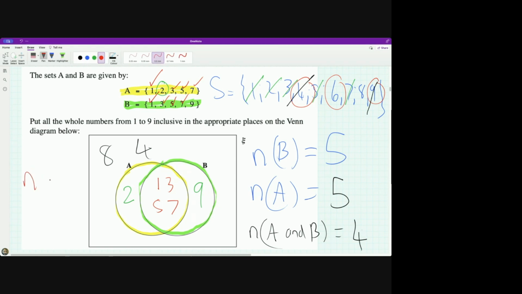How many items are in A or B? So if you look in here, it can be A or B, or also means both. So either you're in A or B, or you're in both. So A or B. So 1, 2, 3, 4, 5, 6.